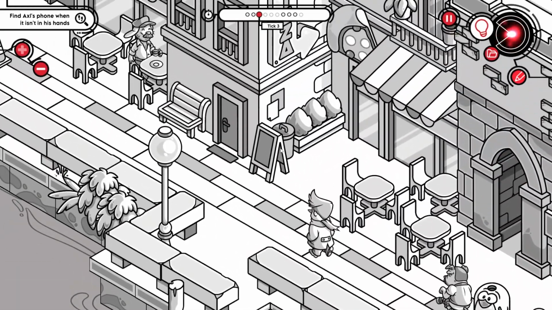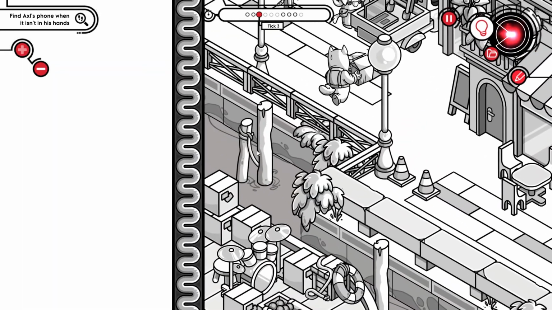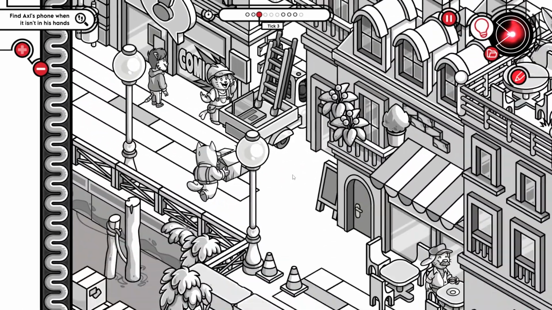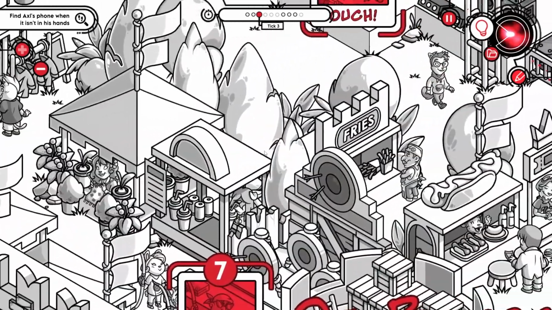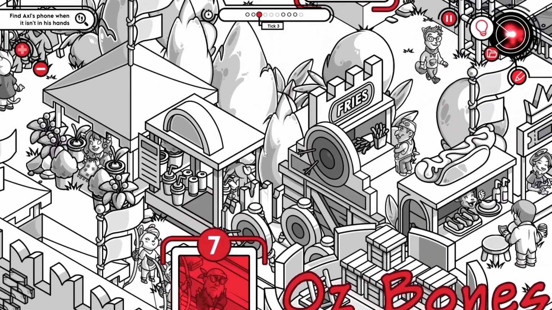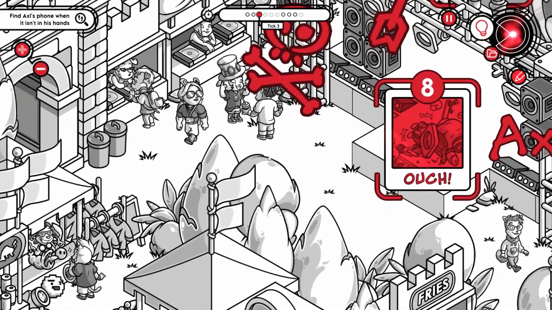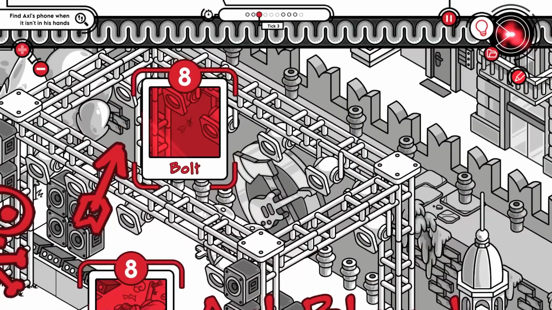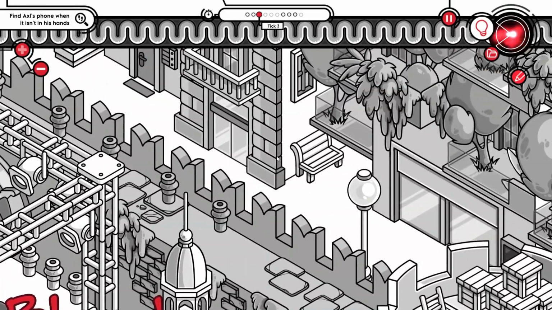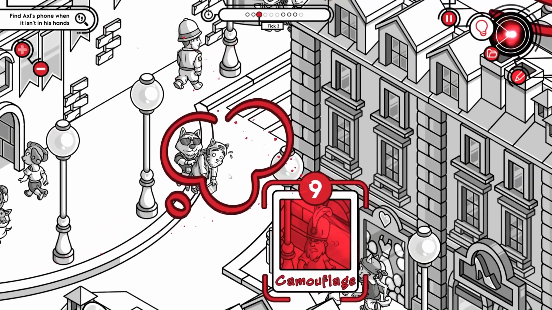Little ninja turtles. What's going on with it? Got kicked out.